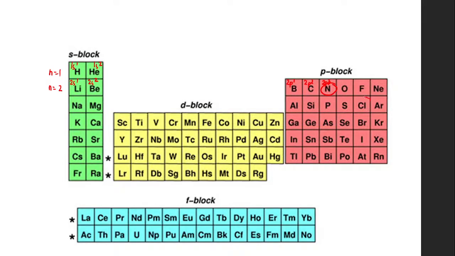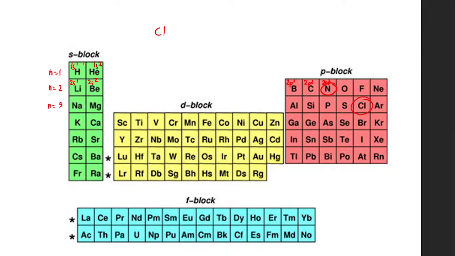So let's try chlorine. What is the electron configuration of chlorine? We know that this should be at n equals 3, and chlorine should be in the p block, right?